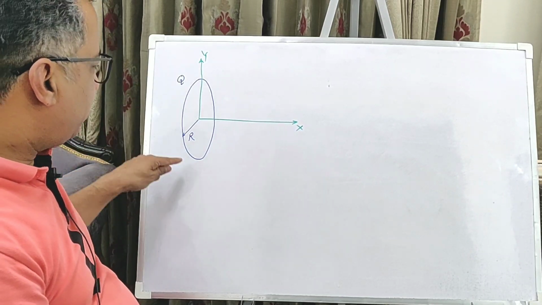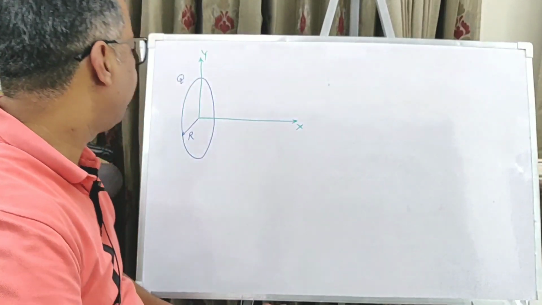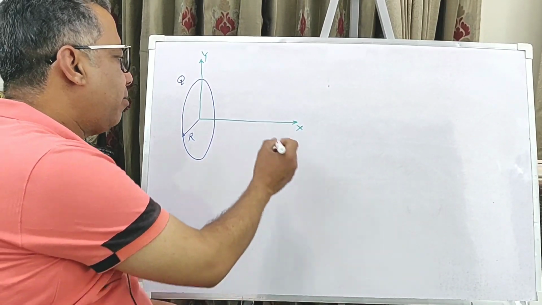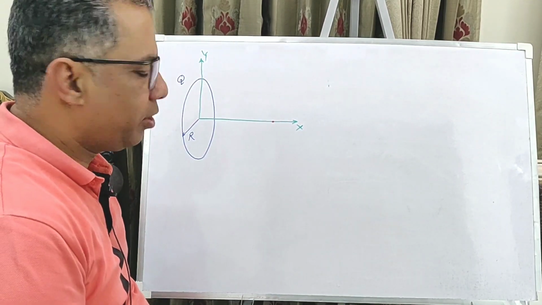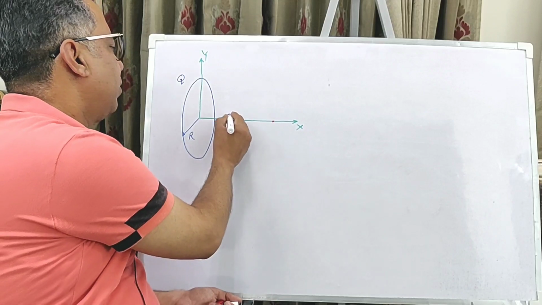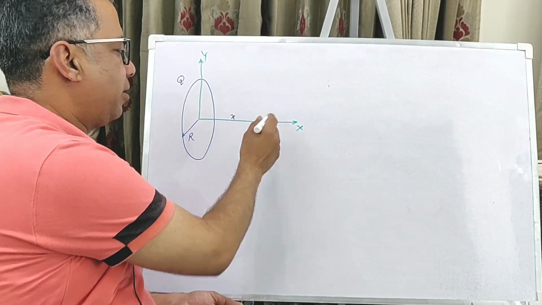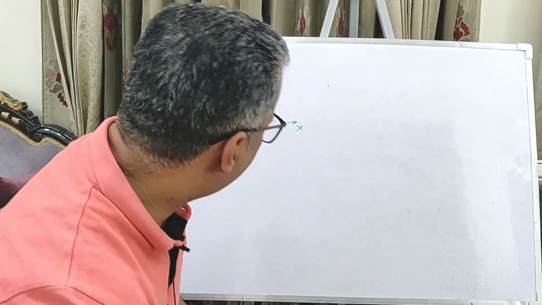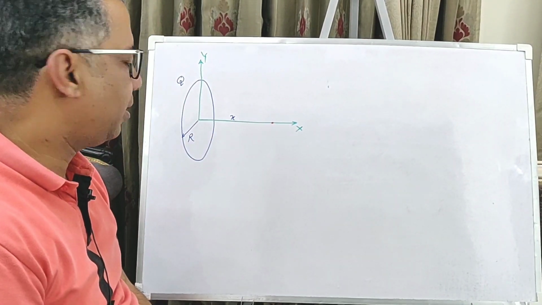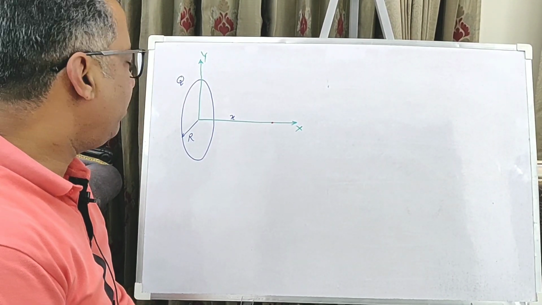The charge Q is distributed on it uniformly, and we are interested in calculating the potential at a point here which is distant x from the center of the ring on the axis of the ring. The x-axis is the axis of this ring.